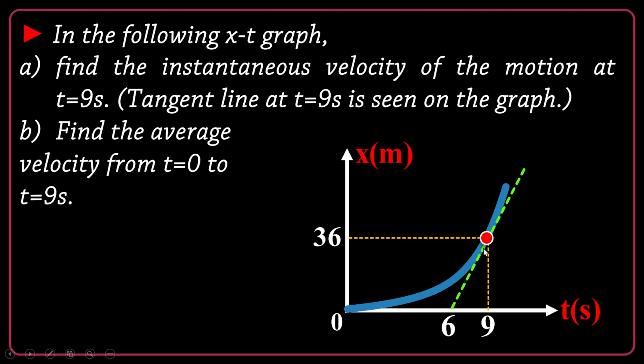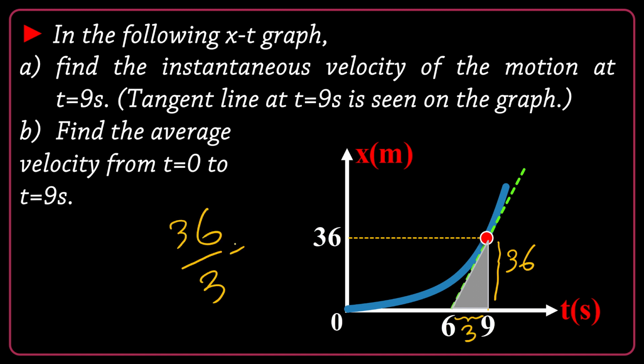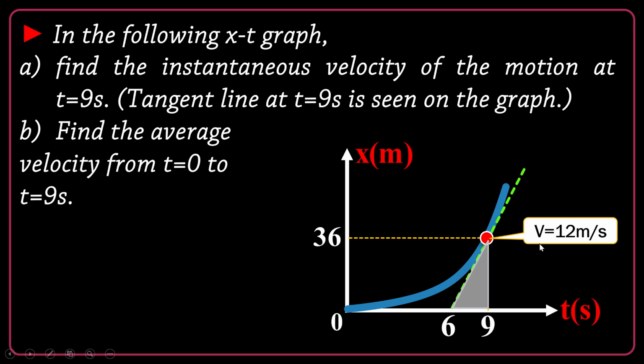To find the slope, I should establish a triangle, and fortunately this auxiliary point 6 is given to me to make me able to find the slope. Vertical over horizontal. Vertical is 36 and the horizontal is 3, so 36 over 3 is 12. Good. So 12 meters per second is the velocity of the motion at t equals 9.